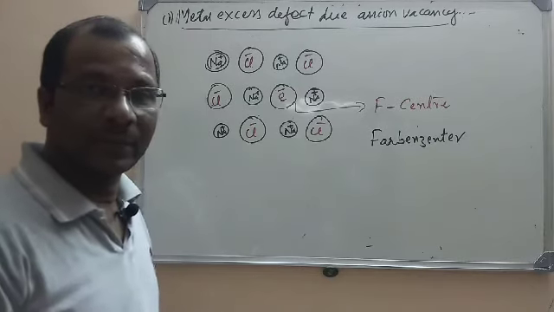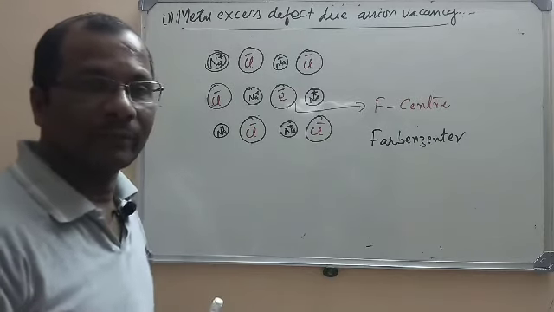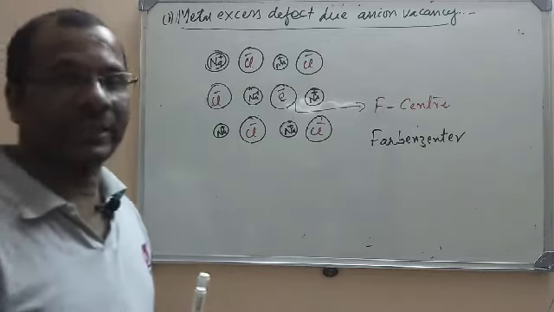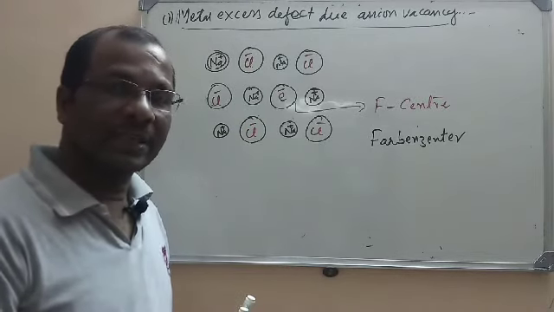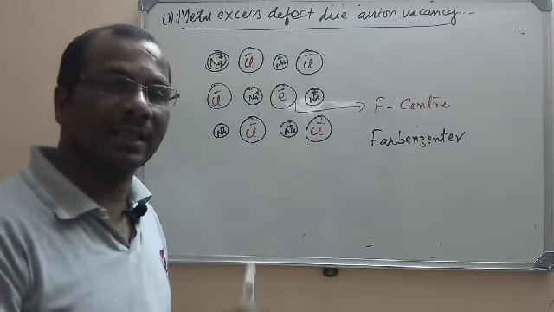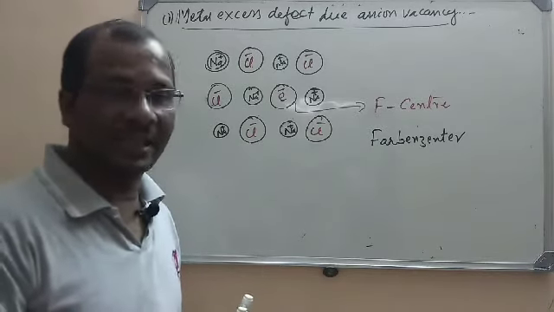Now I will tell you when it will happen. For example, we will take a sodium chloride crystal. It is an ideal crystal, that means Na plus and Cl minus are arranged in a regular arrangement.